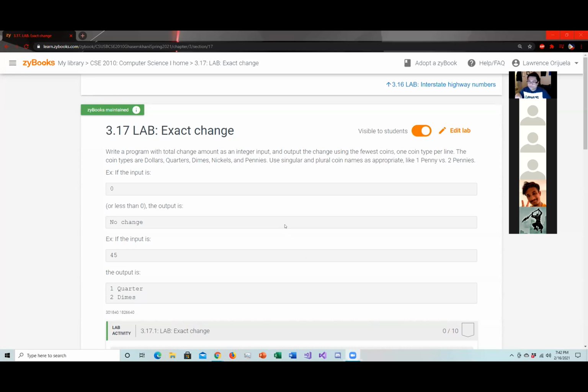We don't assume that they're going to do decimals. So if you had exactly $4.18, you would put the integer 418. You wouldn't put 4.18. That's the only thing I was trying to check.